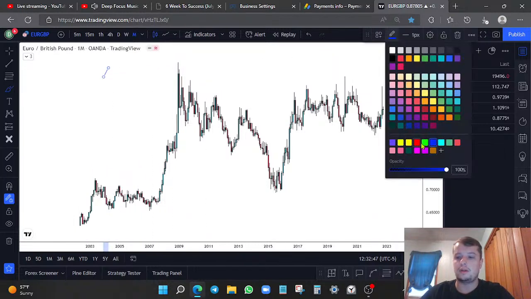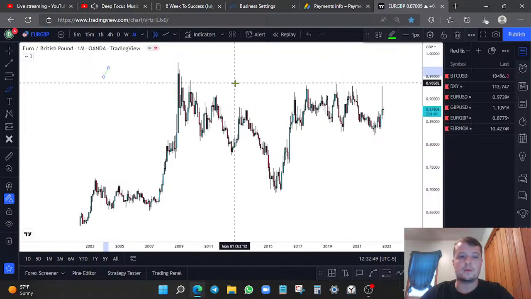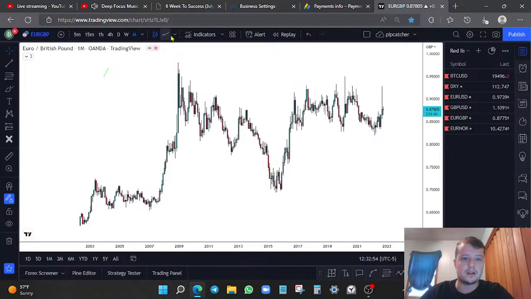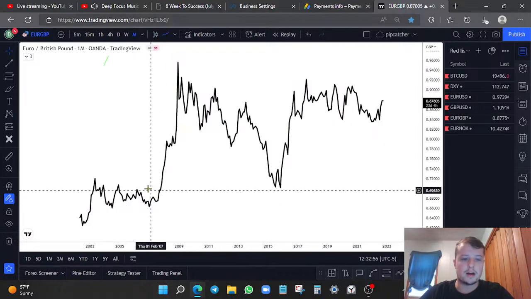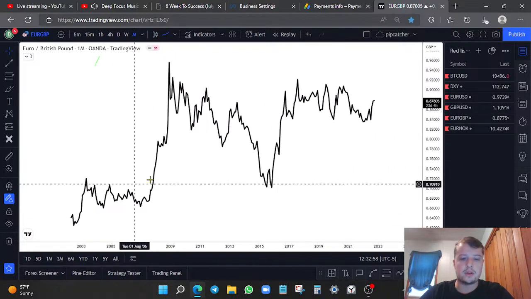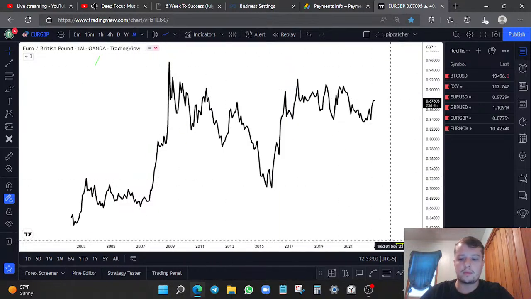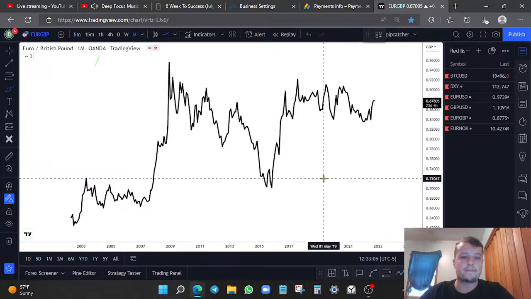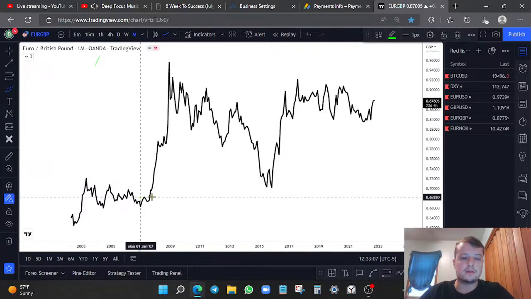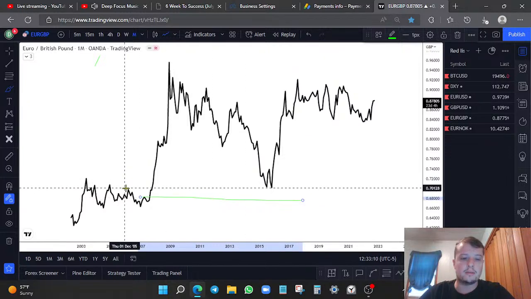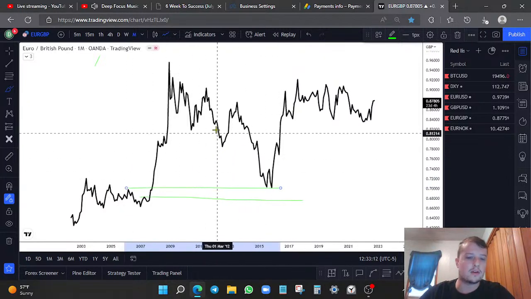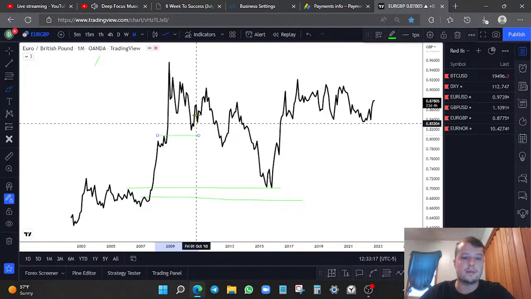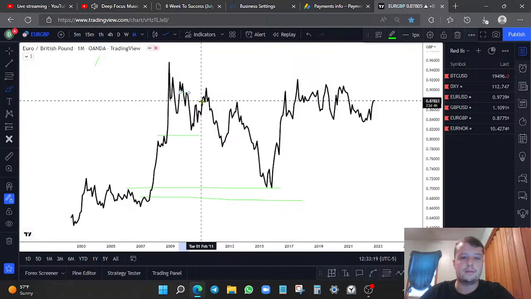Let's do green on the monthly here. So I always just like to mess around and see areas that have old setups, right? And we are backtesting, so things are not going to be the cleanest, but bear with me on that.